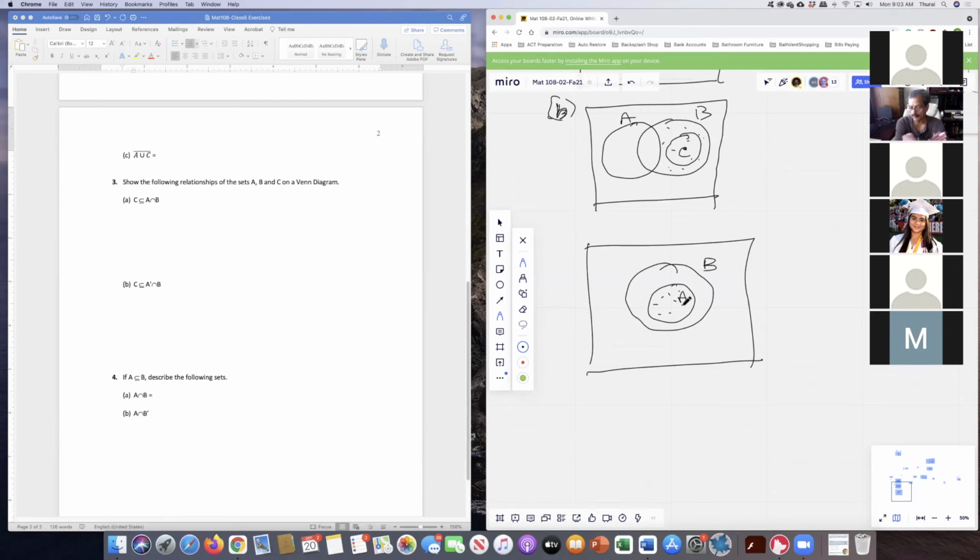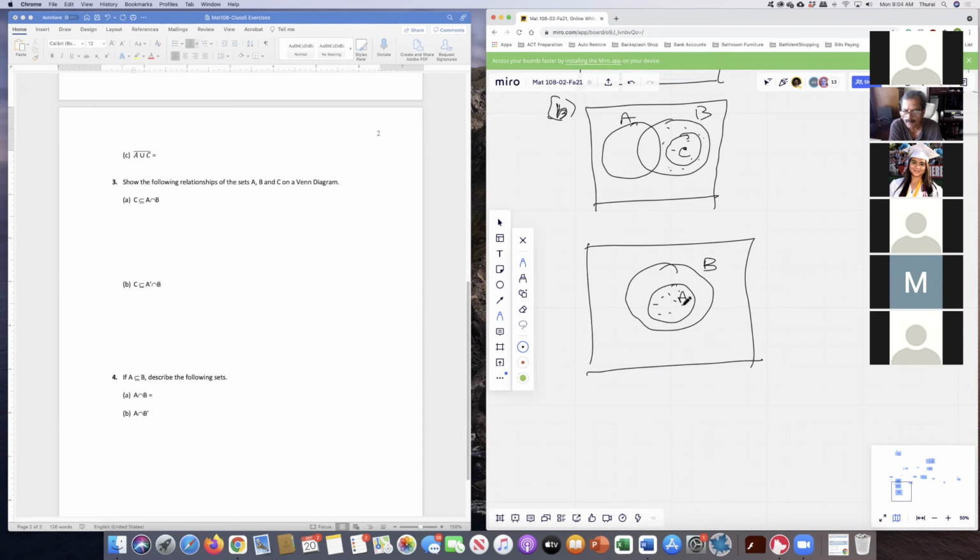Now, can you tell me what A intersection B would be equal to? Anybody can tell me the answer?